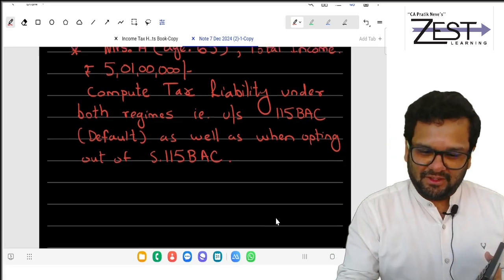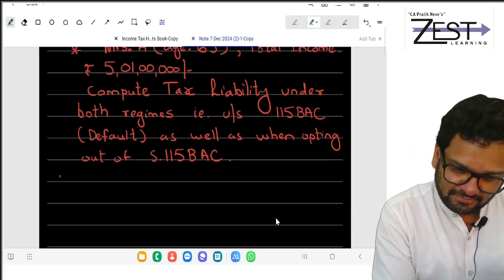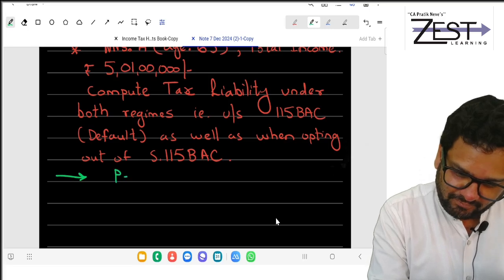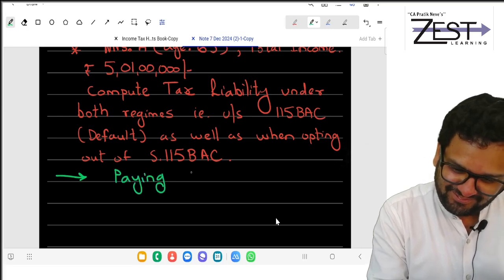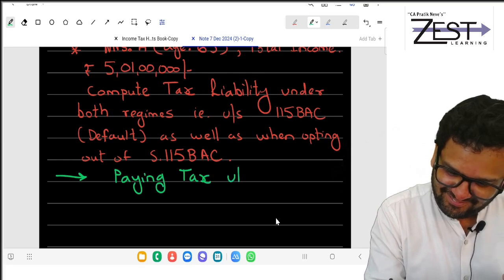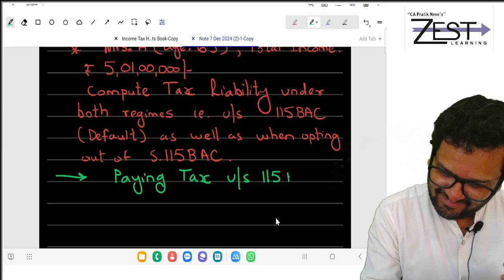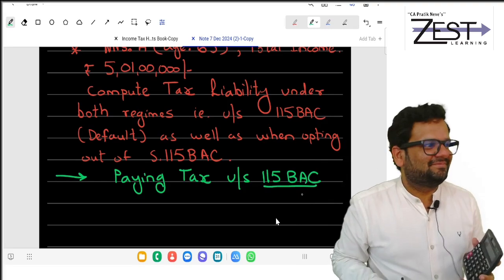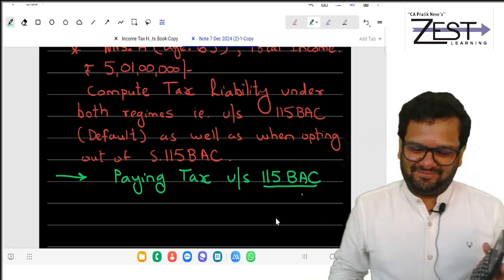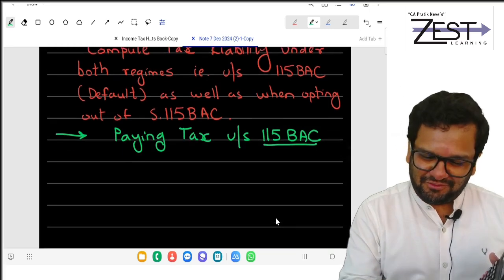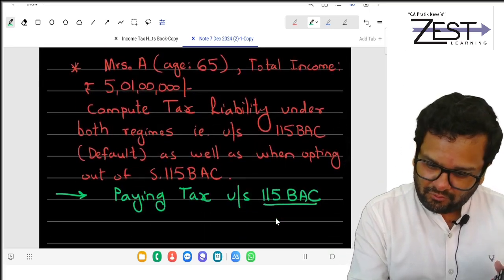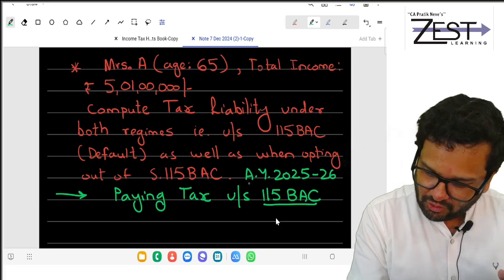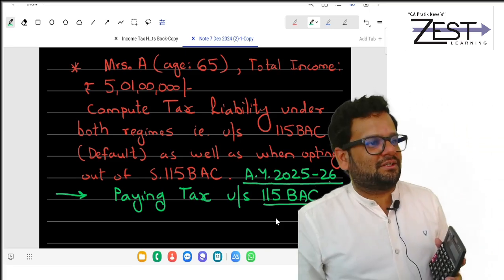First, what you want to do? Paying tax under 115 BAC. Whatever we are doing is for AY 25-26. Never forget that.